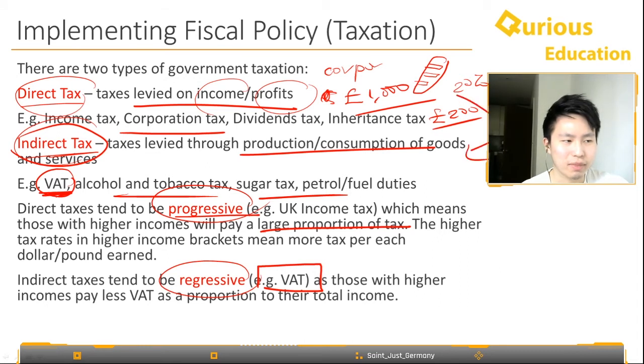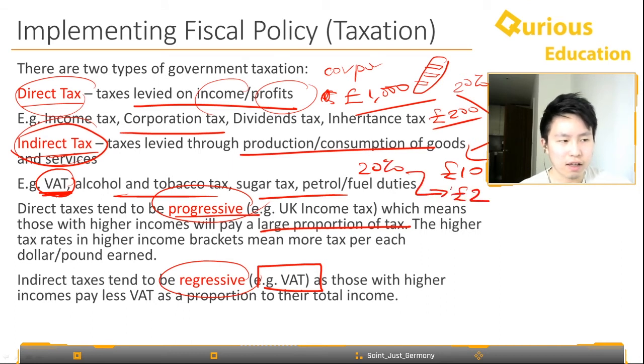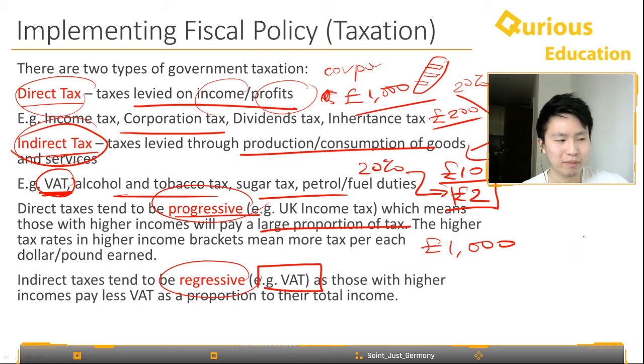Let's say VAT would be a type of regressive tax, because if you buy a piece of bread for £10 and VAT might be 20%, so VAT is like £2, right? So no matter if you're rich or poor, you would still need to pay £2 for the piece of bread in terms of taxes.